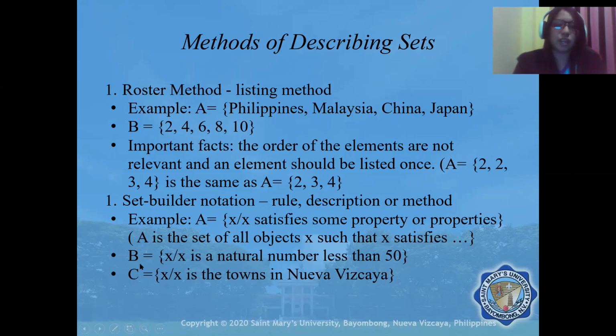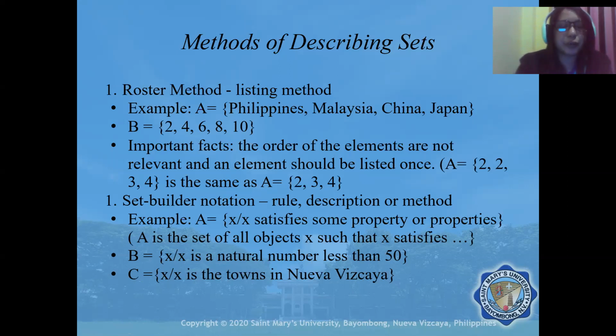If we consider set B, it is read as the set of all objects x such that x is a natural number less than 50. Or we also have another example: set C is the set of all objects x such that x is a town in Nueva Vizcaya.